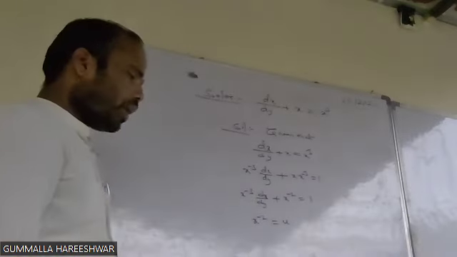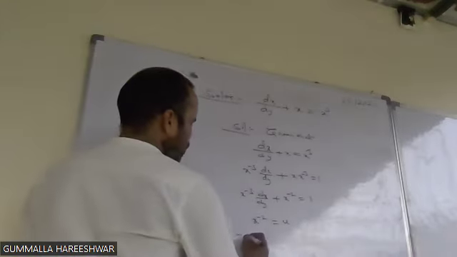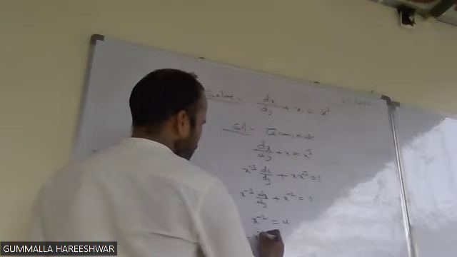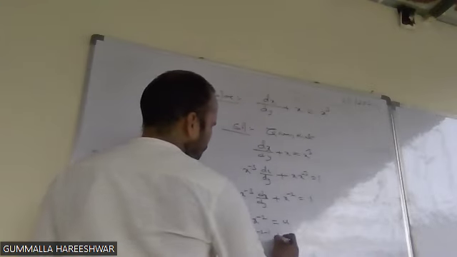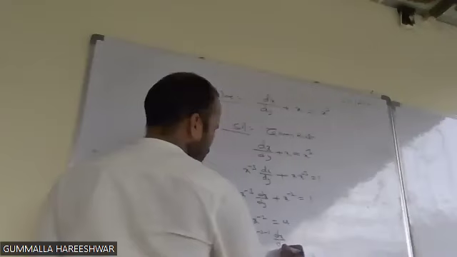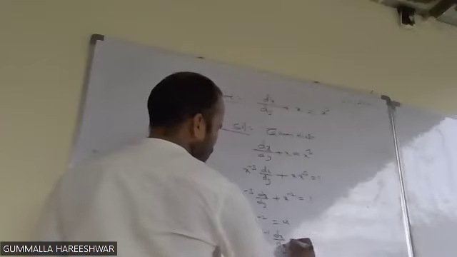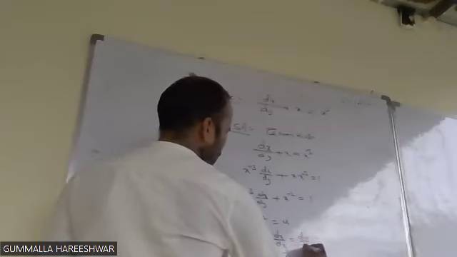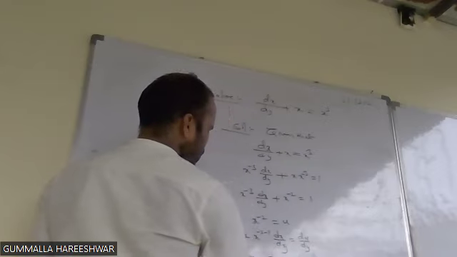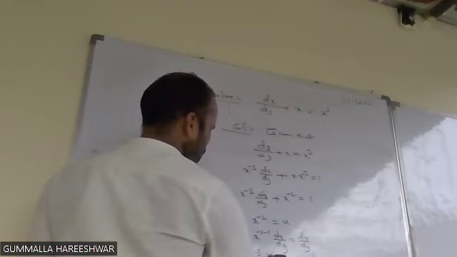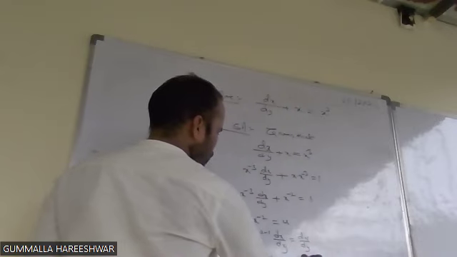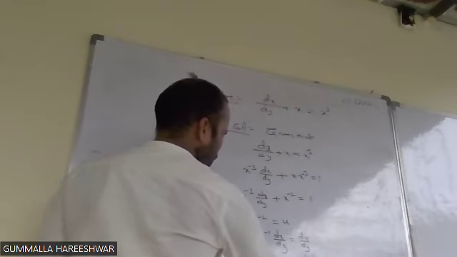Differentiating with respect to y, we get minus 2 x power minus 2 minus 1 dx by dy equals du by dy, so x power minus 3 dx by dy equals minus 1 by 2 du by dy.